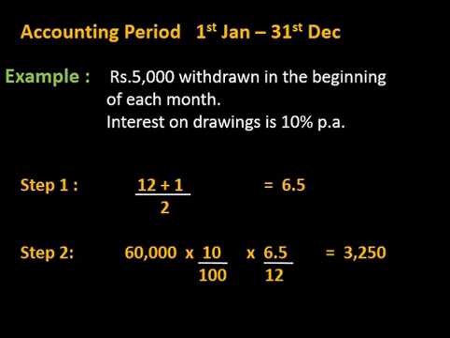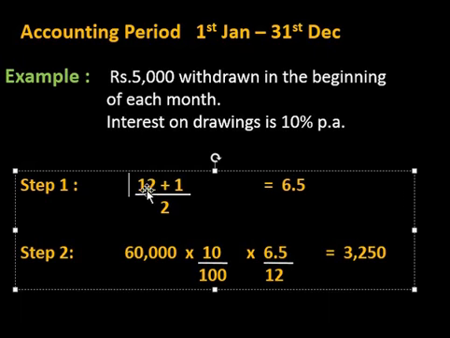So now I am using my formula, time after first drawing. First drawing is made on the 1st Jan, so I'll consider my time period from the 1st Jan until the accounting period ends. 1st Jan to 31st December is 12 months. So time after first drawing is 12 months.